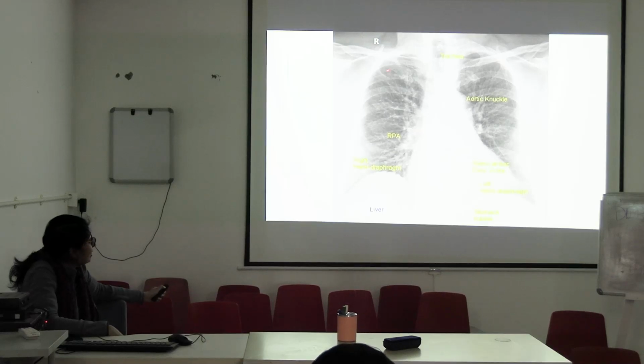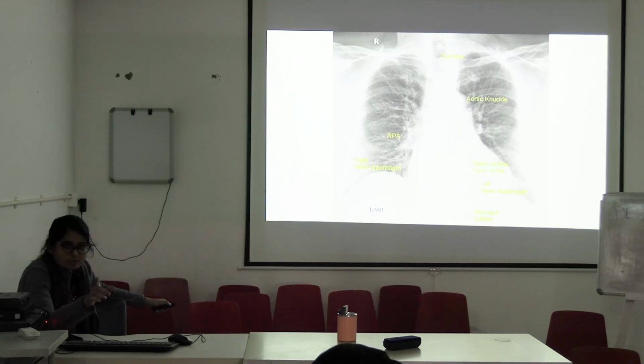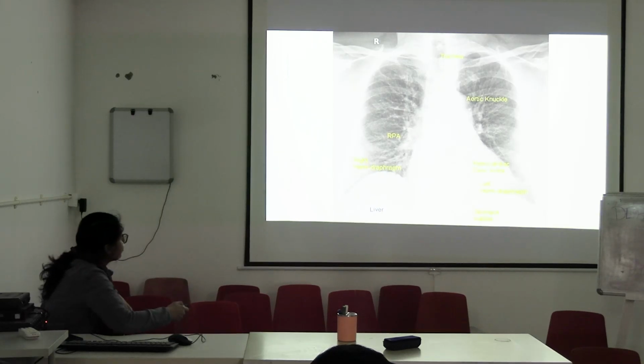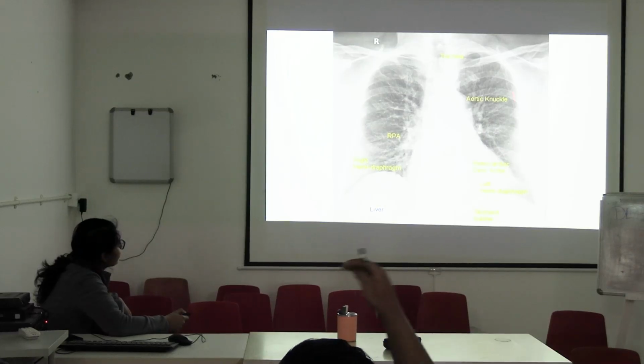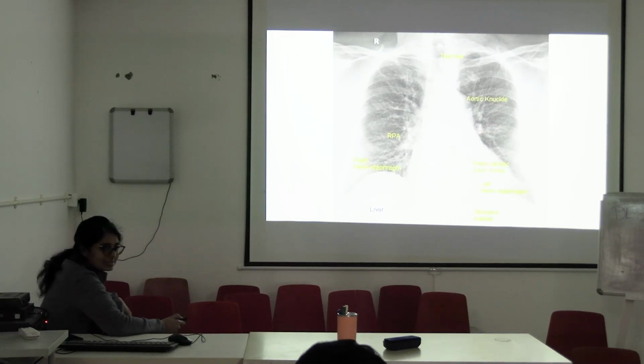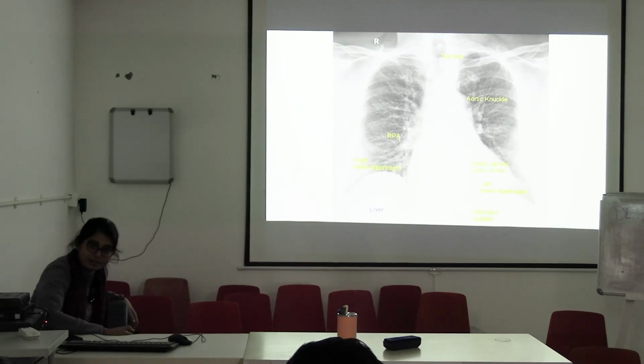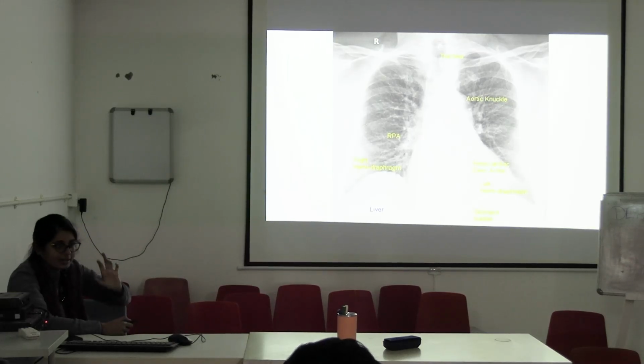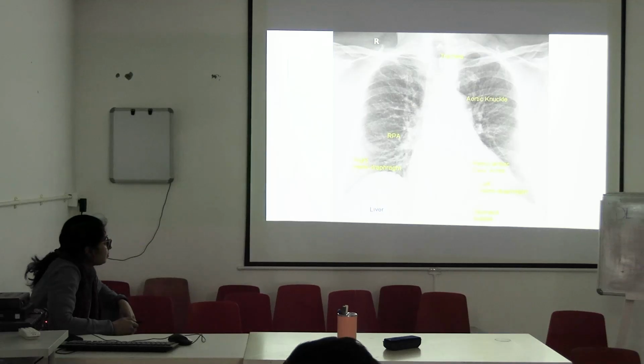And the anterior end of the rib, which ones are the anterior? Usually the posterior ribs are more prominent. The anterior ends are these ones, coming forward like this, so the tip of the anterior end of the ribs from the midline, okay? Clear?